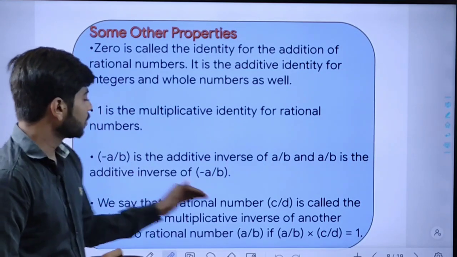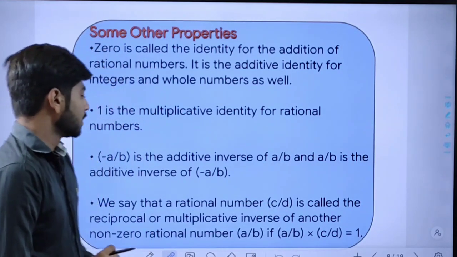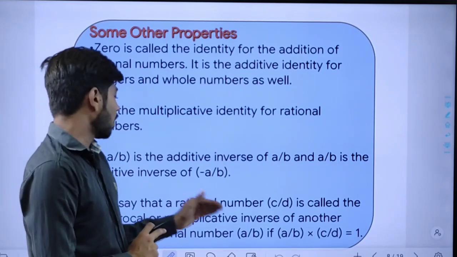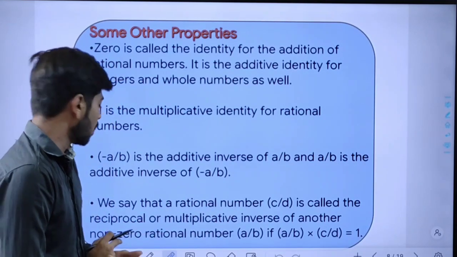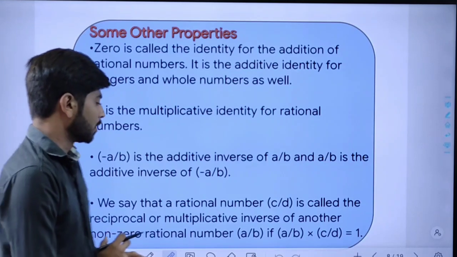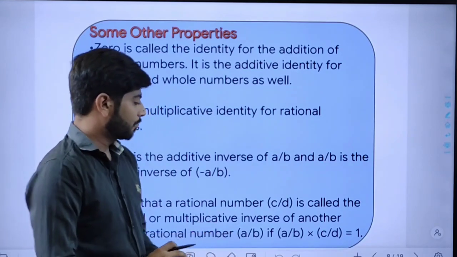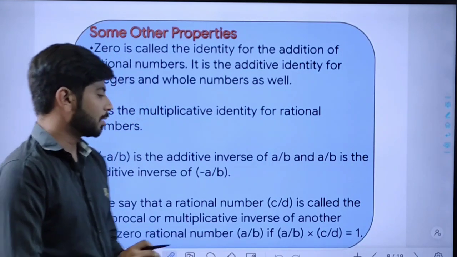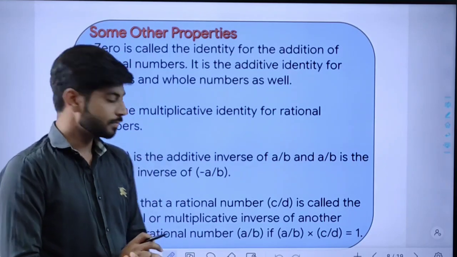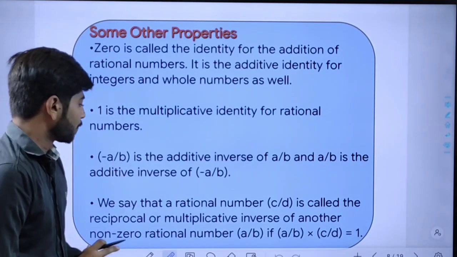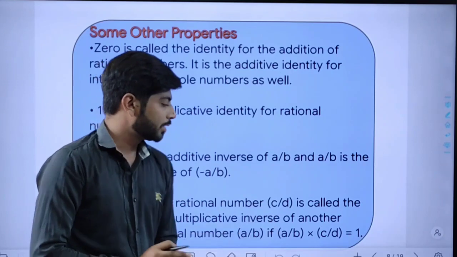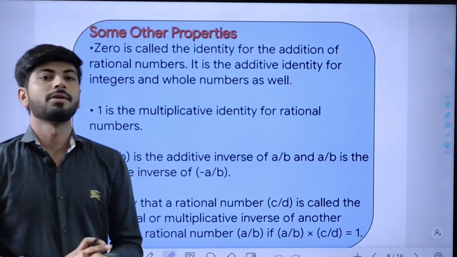We say that a rational number c upon d is called the reciprocal or multiplicative inverse of another non-zero rational number a upon b if a upon b multiplied by c upon d is equal to 1. Okay, so this is the multiplicative inverse. What is the multiplicative inverse?